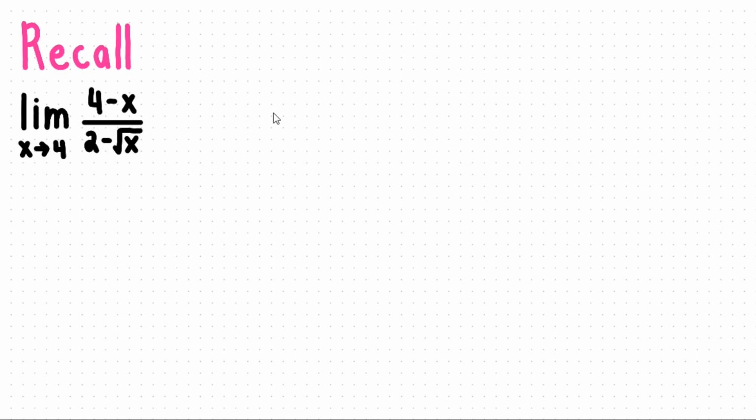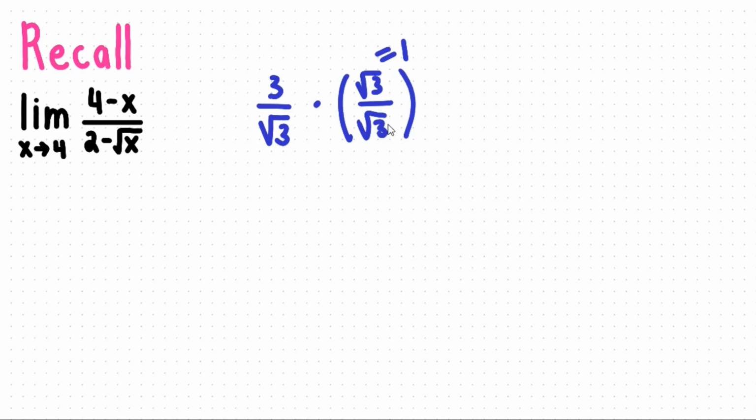For instance, if we have 3 over square root of 3, what we can do is multiply square root of 3 over square root of 3. So note that we can do this since a number divided by itself is just equal to 1 as long as these numbers are not 0.